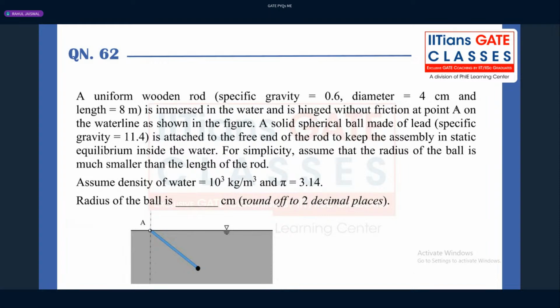What they have mentioned is that a uniform wooden rod of specific gravity 0.6, the diameter of the rod is 4 centimeter, and the length of the rod is given as 8 meter, is immersed in the water, and it is hinged without friction at a point A. A solid spherical ball made of lead having specific gravity 11.4 is attached to the free end of the rod to keep the assembly in static equilibrium inside the water. For simplicity, assume that the radius of the ball is much smaller than the length of the rod. What is the radius of the ball?